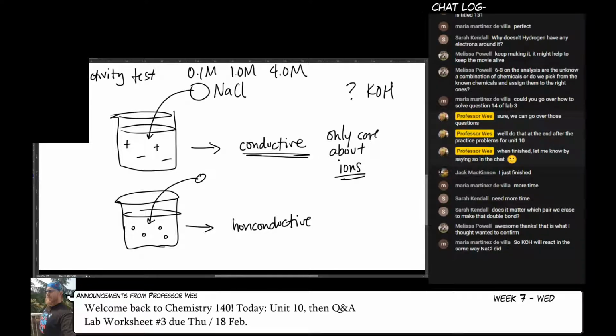And you can answer that by looking at Unit 9. What are the ions present when you see a K and an OH? What ions are formed? How is that similar to NaCl? Can you draw the same conclusion? That's all I can say. I can't really say any more.